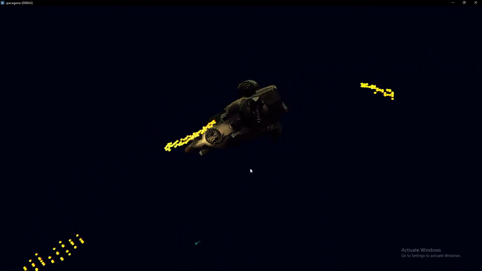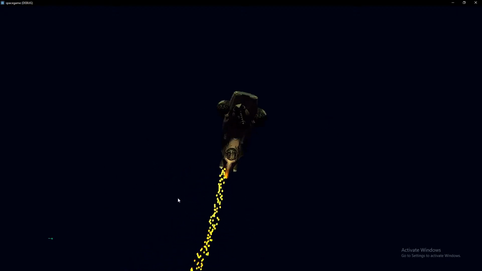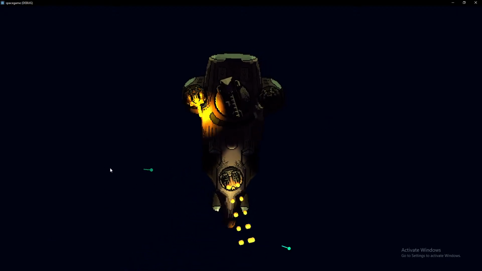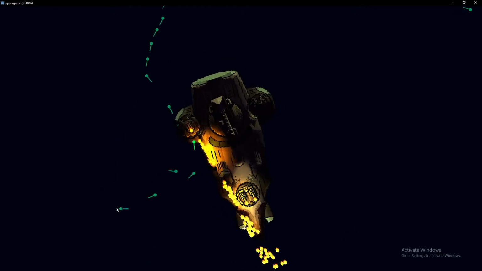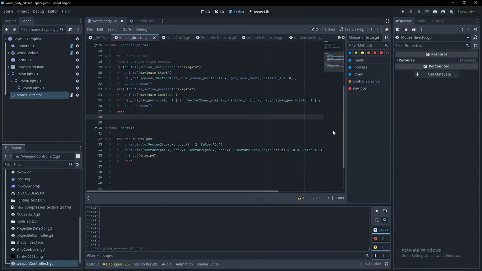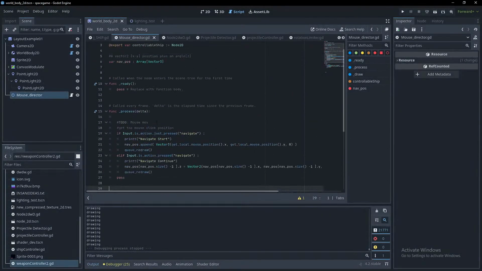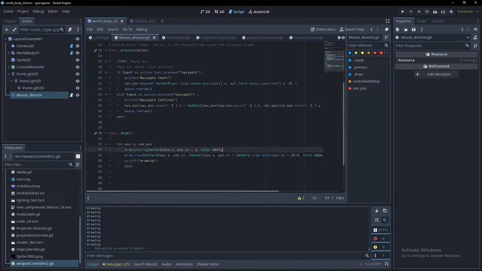But this currently is working. Yeah, it's always facing, so that's good. So that's working. So currently we have a valid position and a valid angle.